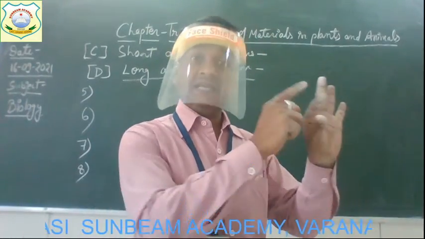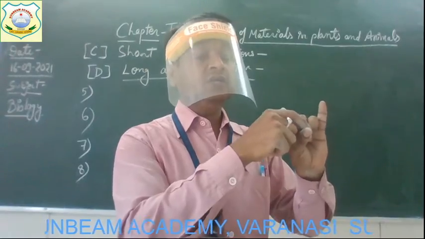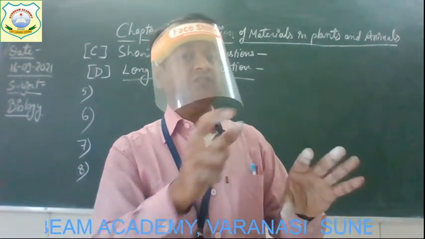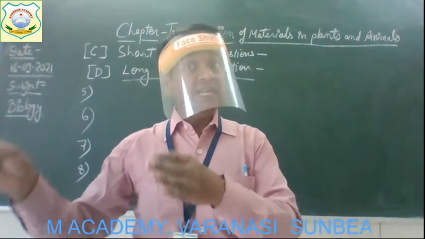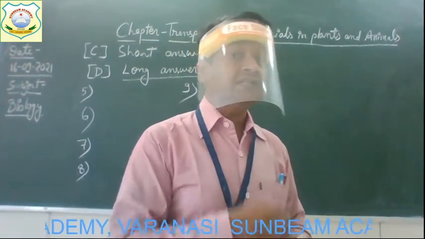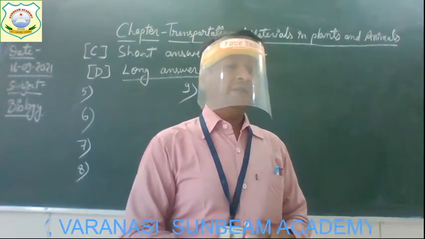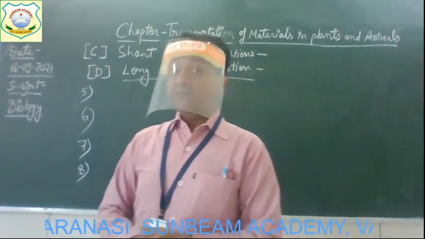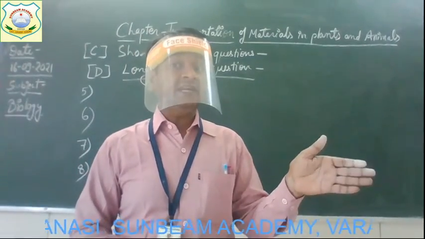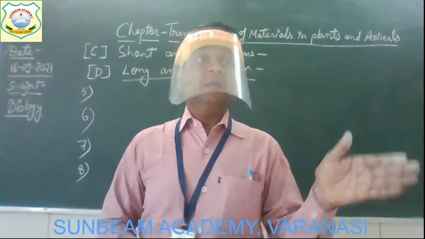These are the materials: excess water, dissolved salts and the urea. These materials get filtered and the clean blood leaves the kidneys and continues its circulation in the body. Get it? And the waste which is removed in the kidney, what happens to it?